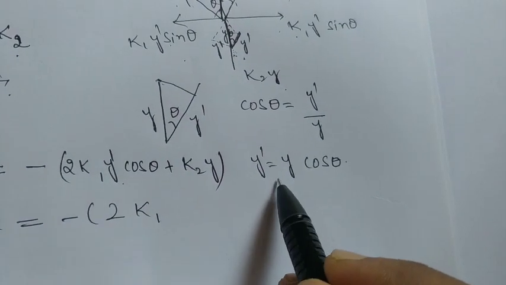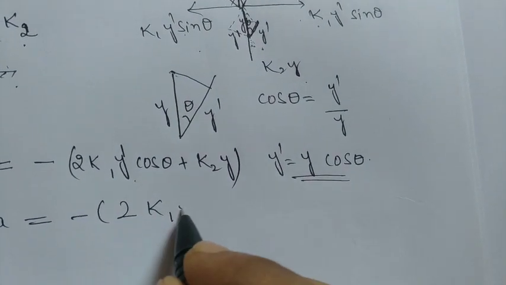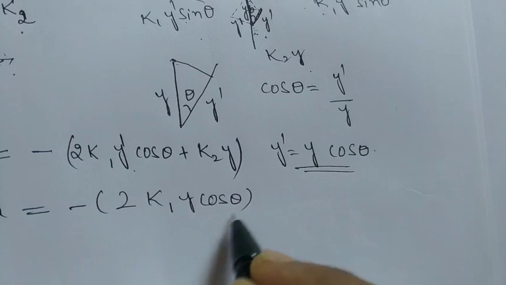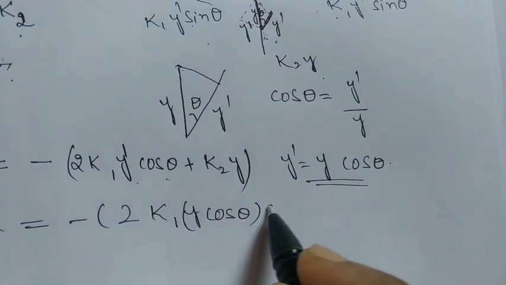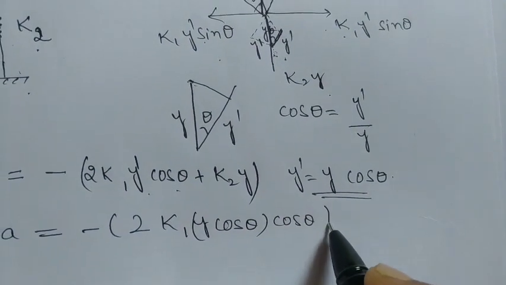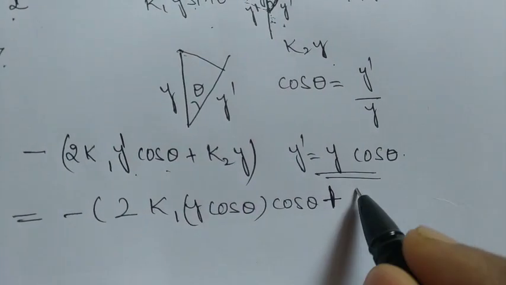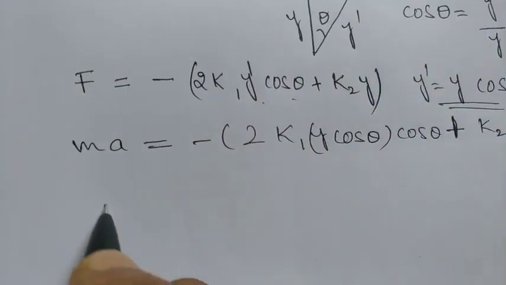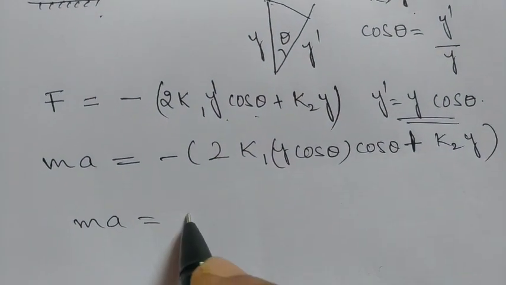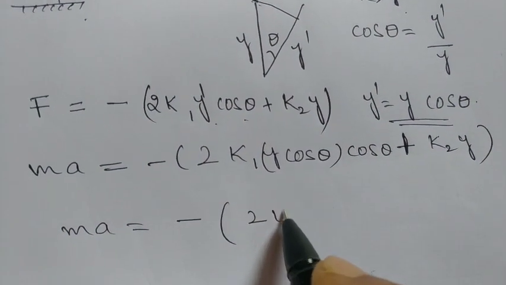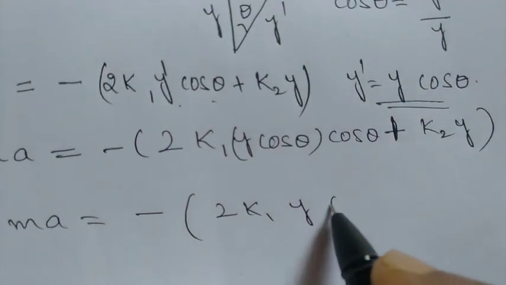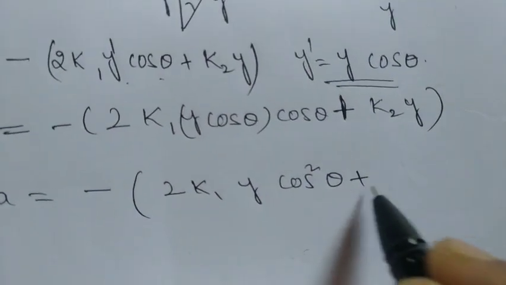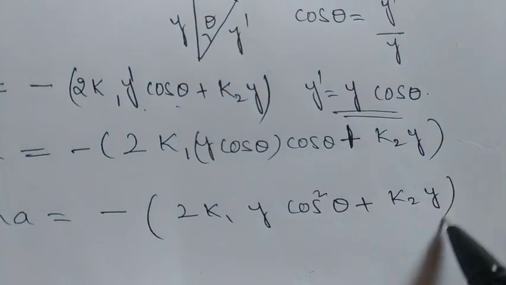What is Y dash? We already wrote Y cos theta, multiplying again by cos theta, plus K2 Y. That is, MA equals minus of 2 K1 Y cos square theta plus K2 Y.